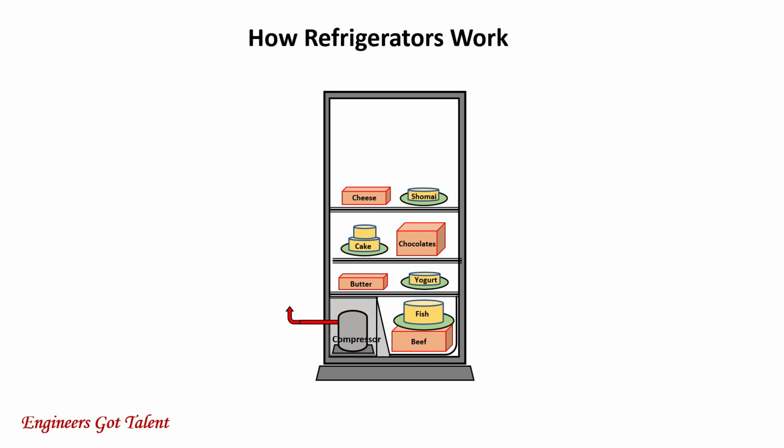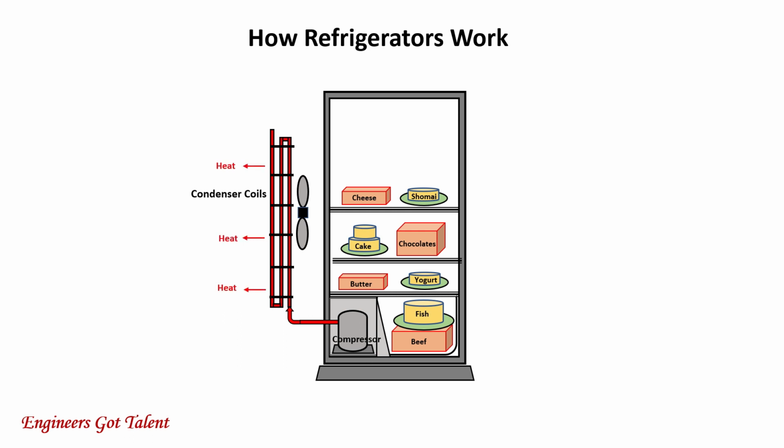As it compresses, the volume of the refrigerant decreases. The refrigerant exits as hot vapor, high pressure, and goes to the condenser. At the condenser, a fan blows cooler ambient air to remove heat at the condenser coils and dissipate the heat to your kitchen. The fins help to dissipate the heat.